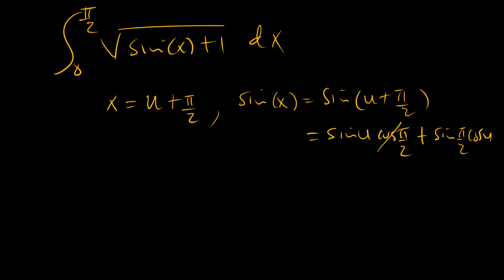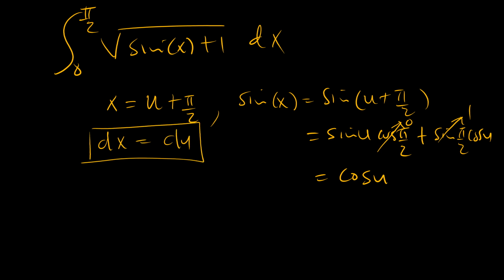Cosine pi over 2 tends to 0, and sine pi over 2 is 1, so this is the same as cosine u. But from here we see that dx is the same as du, because dx/du is 1, and so the variables here don't really change.